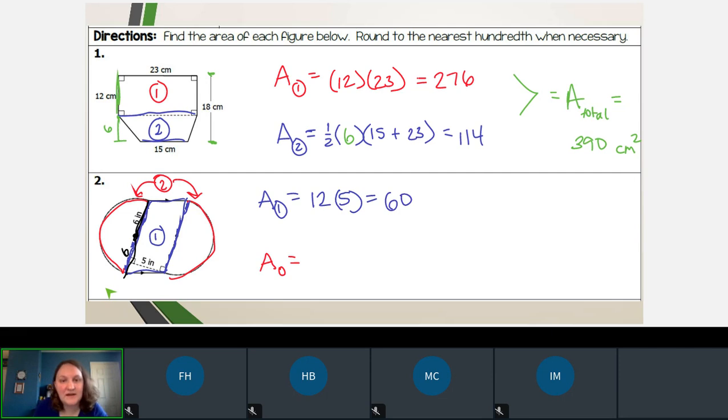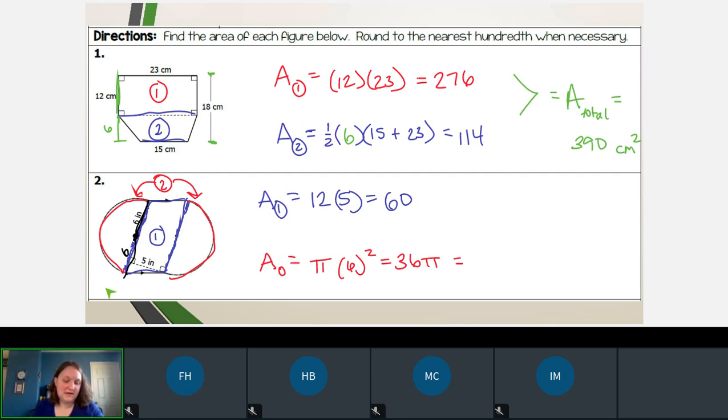And now we have to find the area of the circle. So the area of the circle is pi r squared, and we know that the radius is 6. So an exact answer in terms of pi would be 36 pi. If you rounded it to the nearest hundredth, like it says to do in the directions, we'll just do 36 times pi.